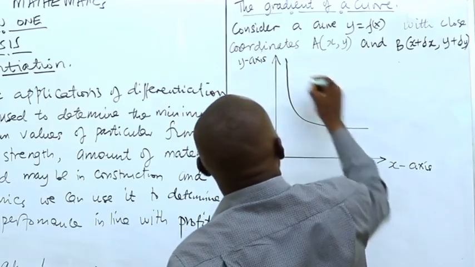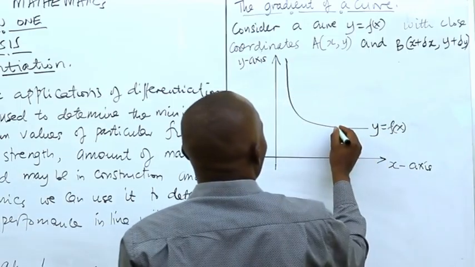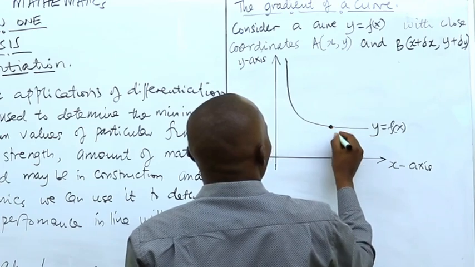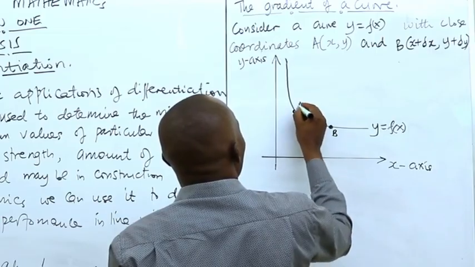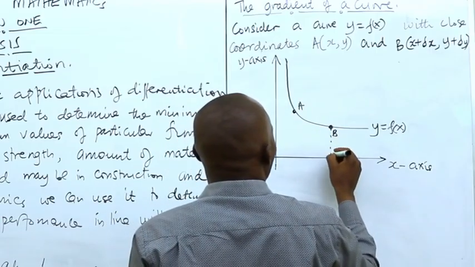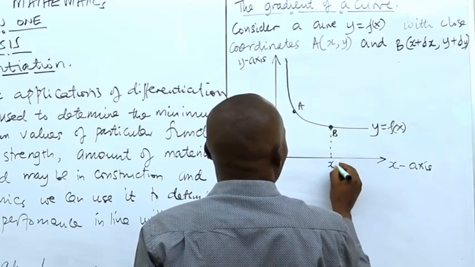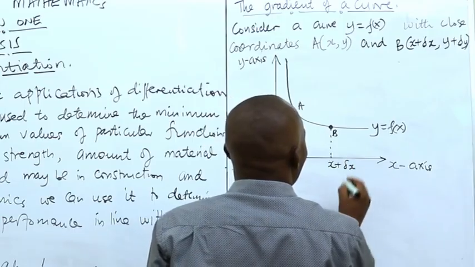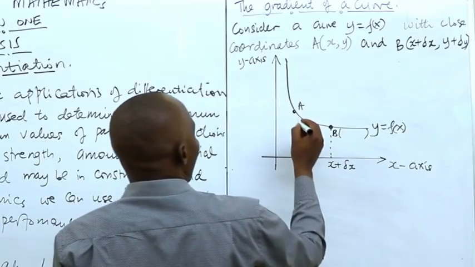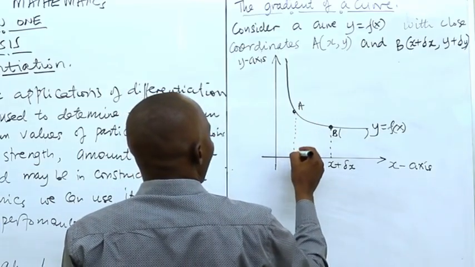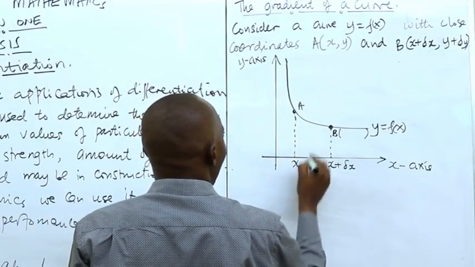We are talking close coordinates. This is the curve y = f(x). With the close coordinates, there is A and another one here, B. They are close to each other. If this is x + delta x, remember the coordinates of B, and this one is x.